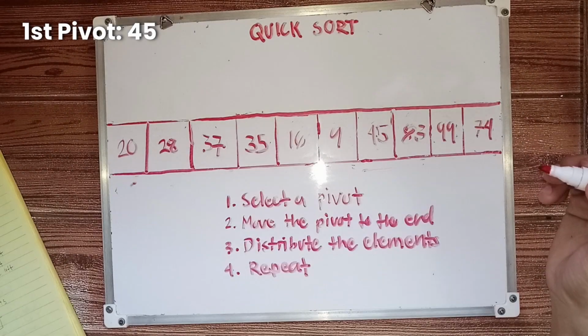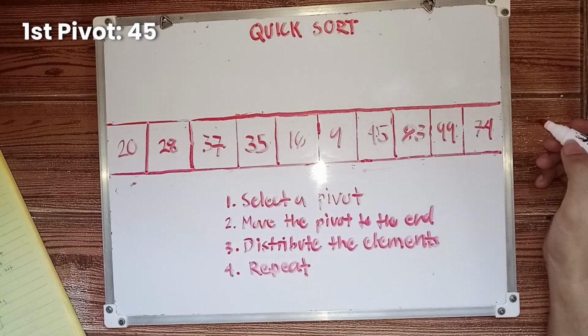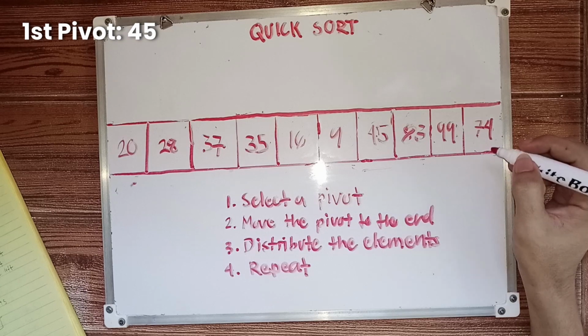So 45 is in the right place. Now, we can repeat the process and select another pivot.